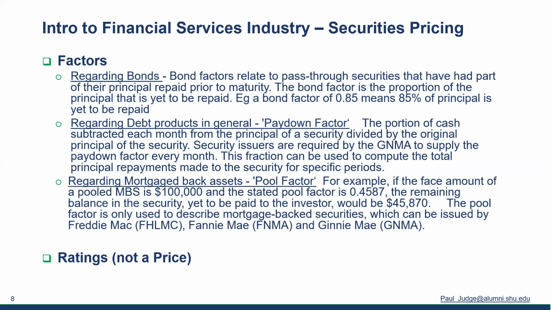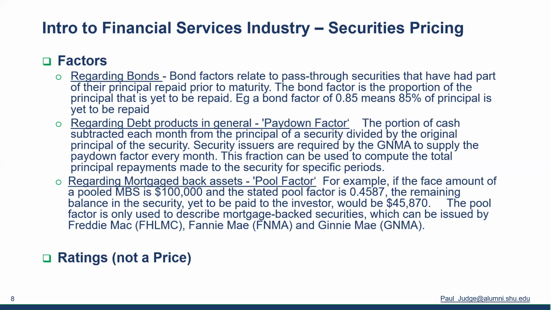For example, if the face amount of a pool of mortgage-backed securities is $100,000, and the stated pool factor is 0.4587, that means that the remaining balance for the security yet to be paid to the investors would be $45,870.